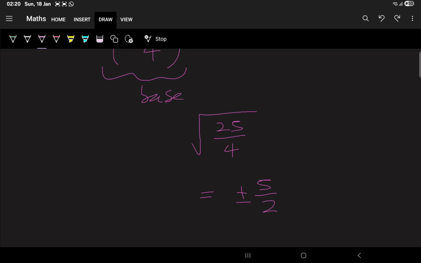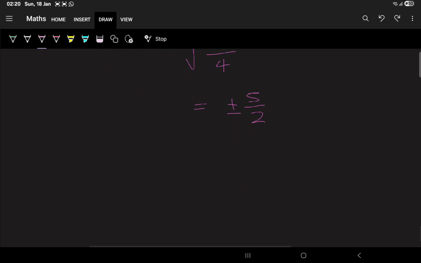That's just by the side. We can simplify this further to give 2 whole number 1/2, because 2 divided by 5 can go in 2 times and have a remainder of 1.